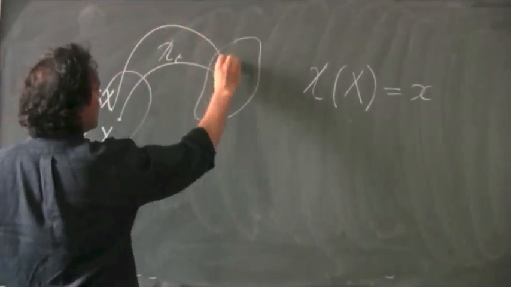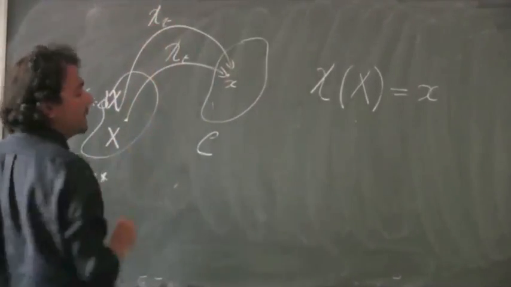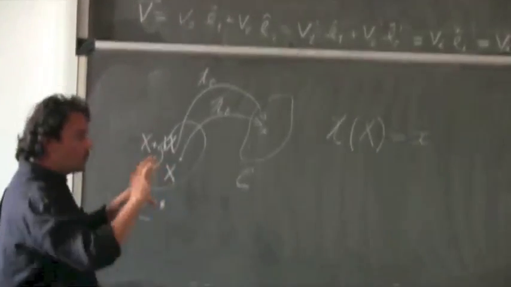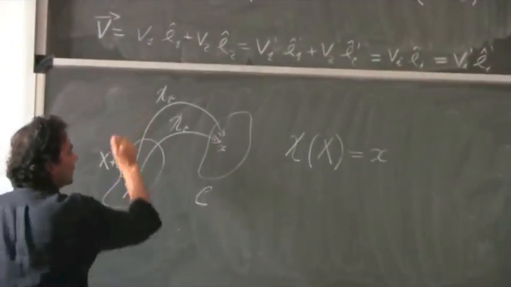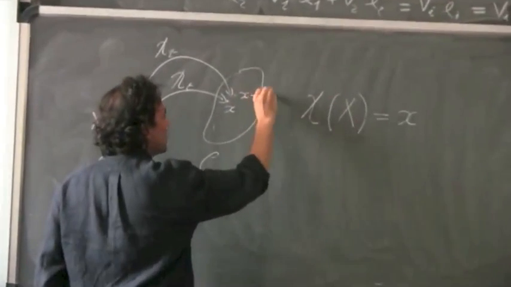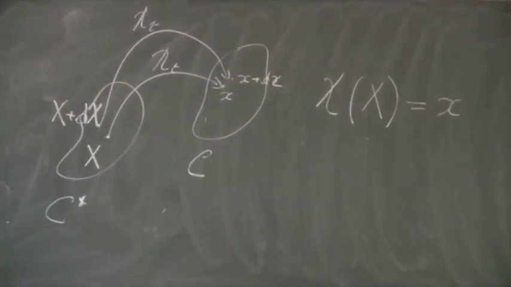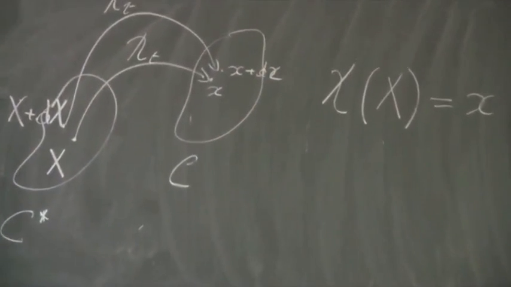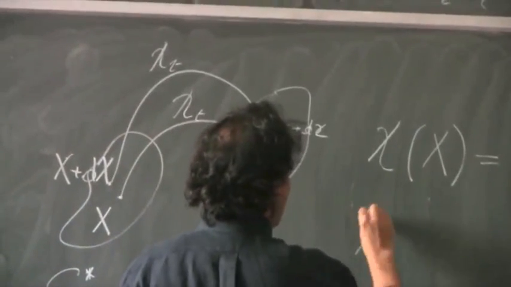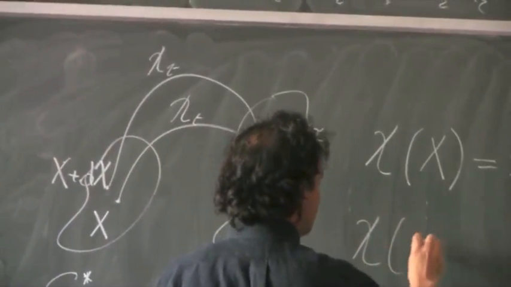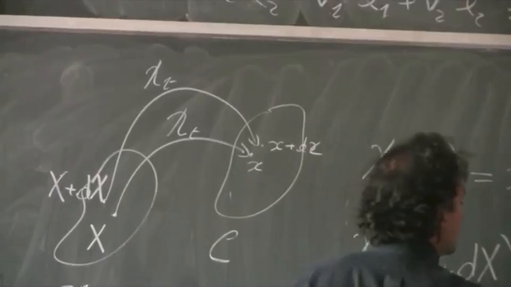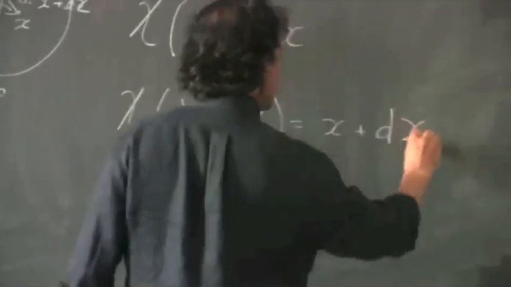We have to apply the same placement, because we make a picture at the same instant of time, and you arrive at another point that is small x plus dx. So you can say that chi of capital X plus dX is equal to small x plus dx.